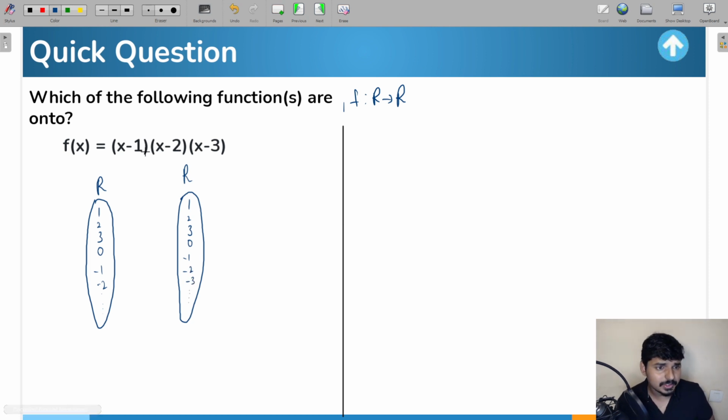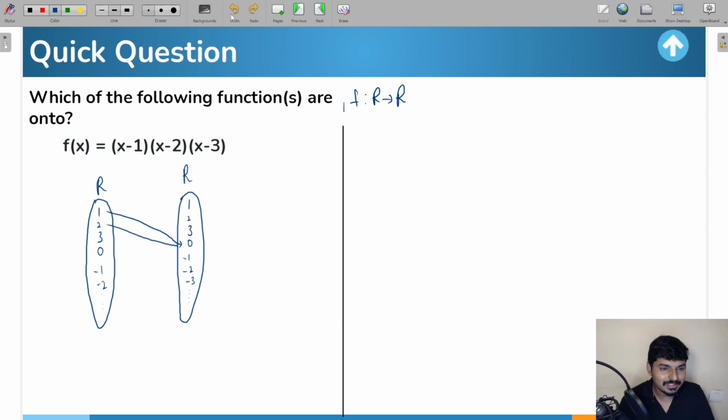Now, try to understand. If I put x equal to 1, the value you get is 0. So 1 is related to 0. 2 is also related to 0. 3 is also related to 0. So this point should be clear: this is not going to be a one-one function, because 1, 2, 3 have the same image. So is that going to be a one-one function?